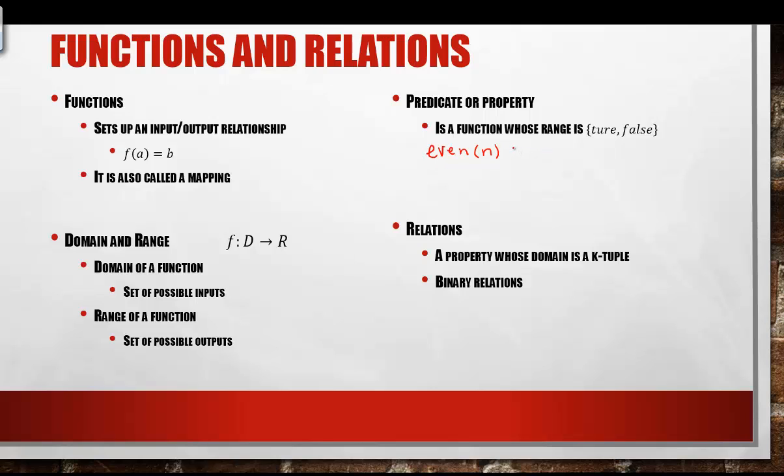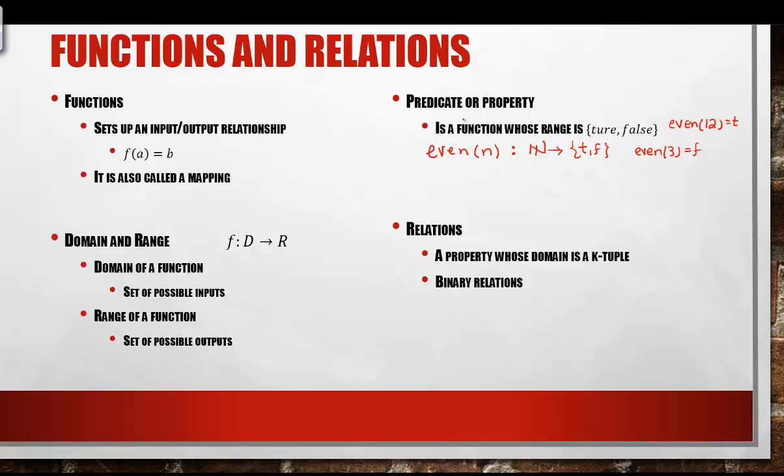If we define even n from the set of natural numbers to the set of true or false, then that predicate would be the truth or falseness of the statement "is n even." So for example, even of 3 is false. In contrast, even of 12 is true. So those are predicates.